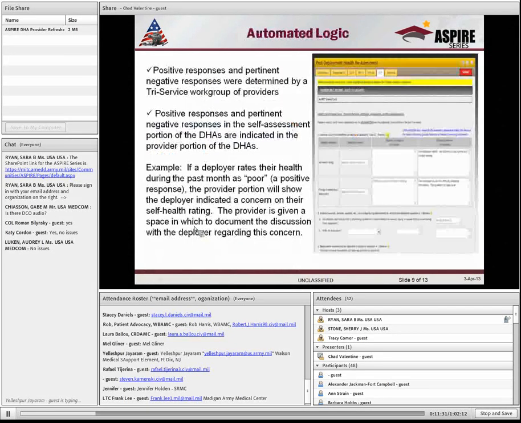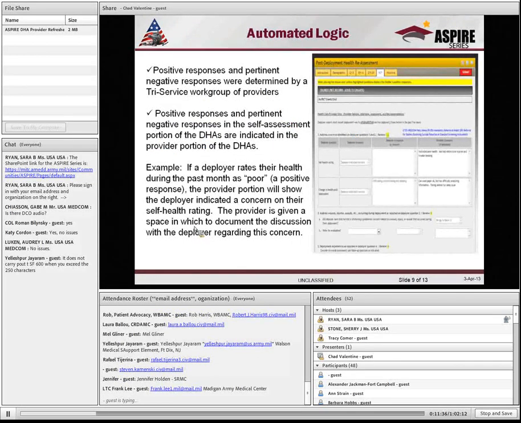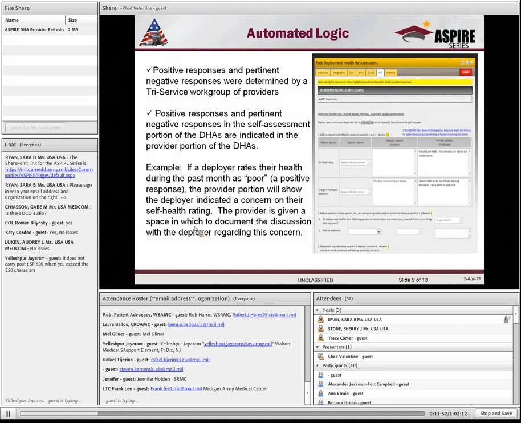Any questions so far? Carry over all the text. The SF600 when they exceed the 250 character.